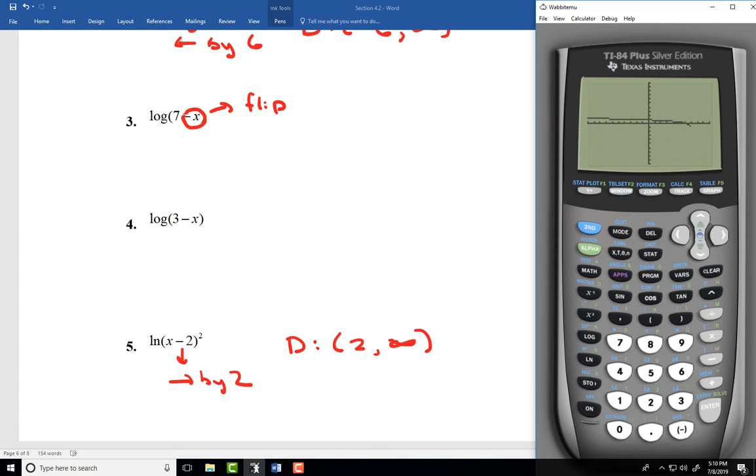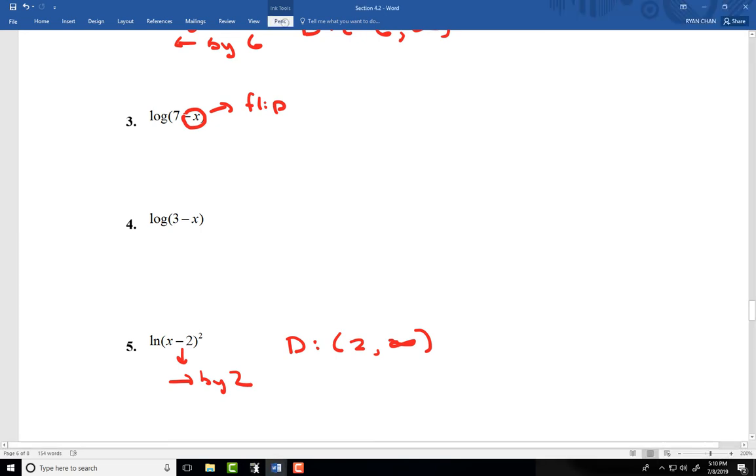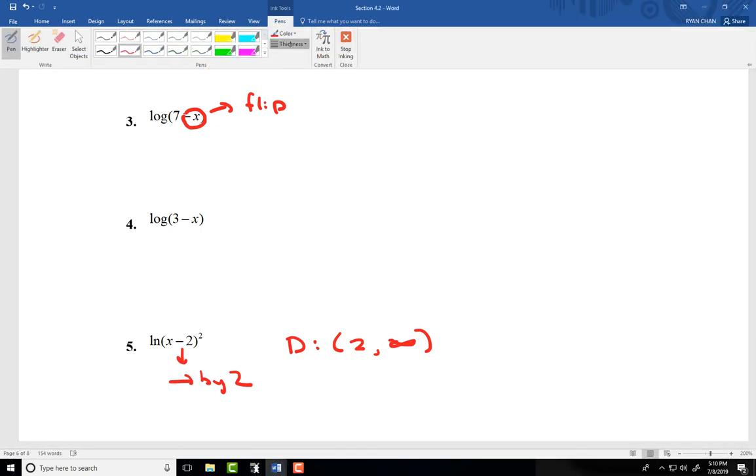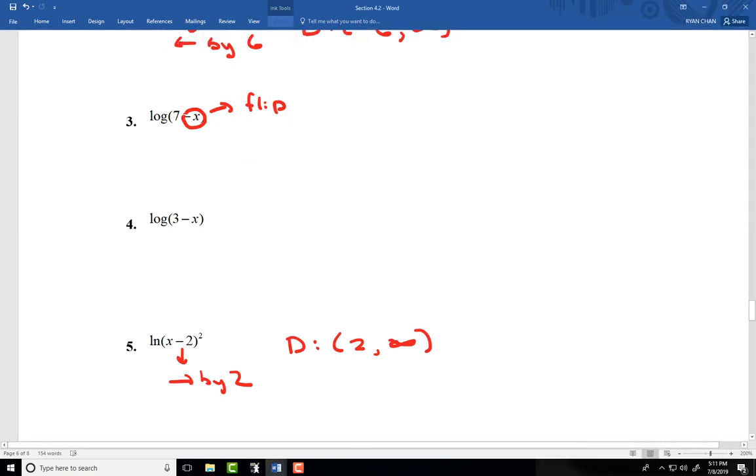Okay? So this one here can be a little bit confusing, but once again, if you're not sure, you can just graph it. My domain for this one will be from negative infinity, and it stops at 7. Okay? So this one, my domain should be from negative infinity to 3.